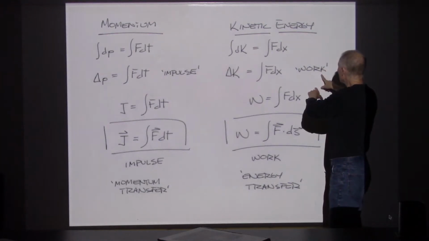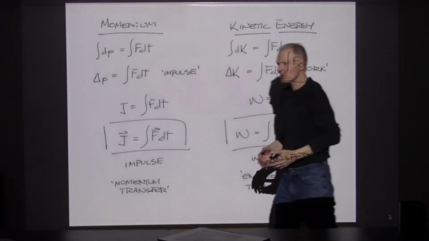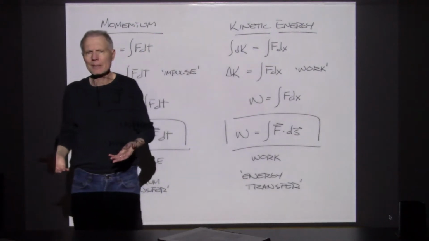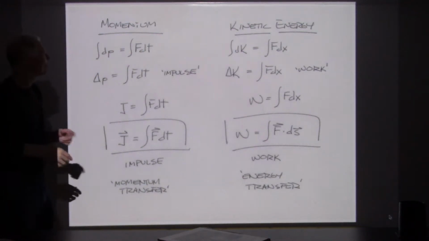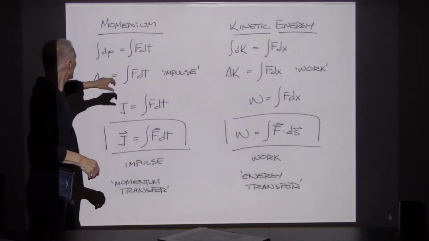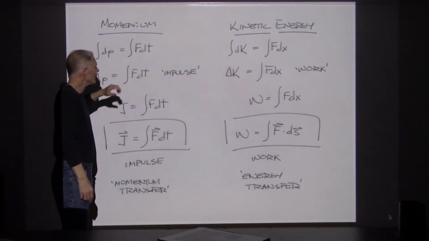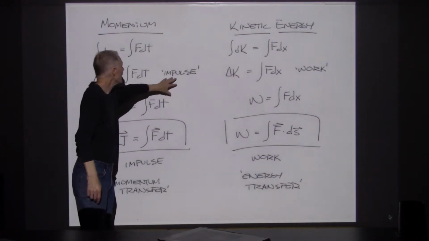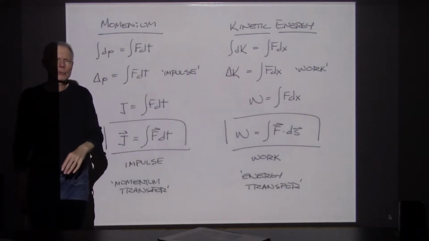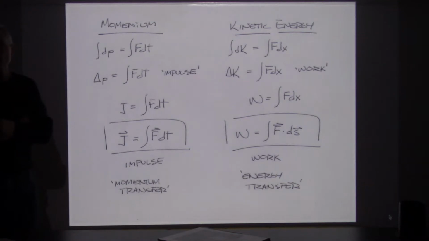So this is called work, which I suggested made no sense. That's kind of a crazy term to use. So for momentum we need something that will be F dt with a similarly confusing word, and so we call that impulse. Impulse is the force integrated over time.